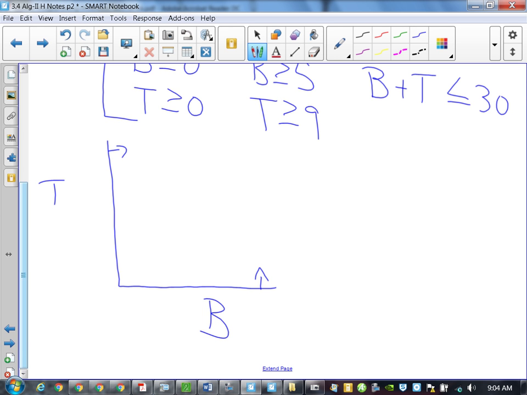But I also knew that it has to be greater than or equal to 5. I know that point has to be at 5, 0. I also know the other one would be at 0, 9, goes this way, and it's up here.